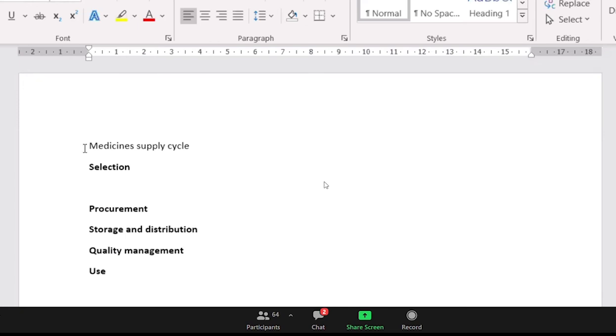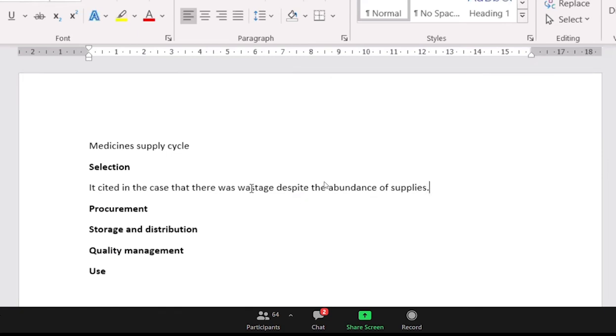So this is an example of many problems you identify. It is cited in the case study that there was wastage despite the abundance of supplies. You see how you rephrase?